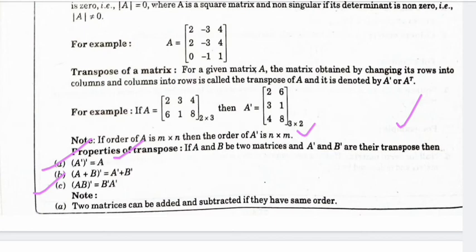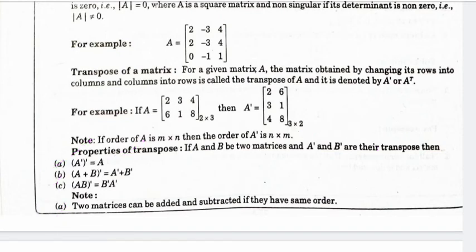We also say that (A dot B) transpose is equal to B transpose into A transpose. The notable point is that two matrices can be added and subtracted if they have the same order, meaning the order must be the same.